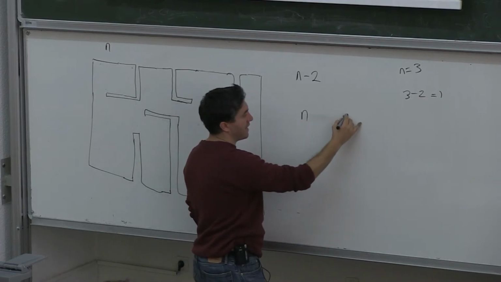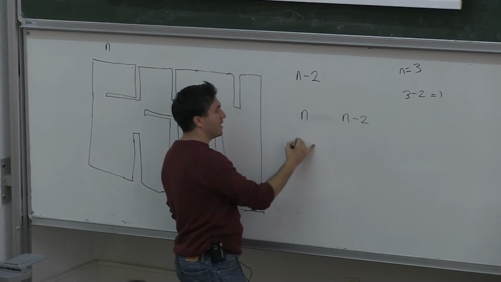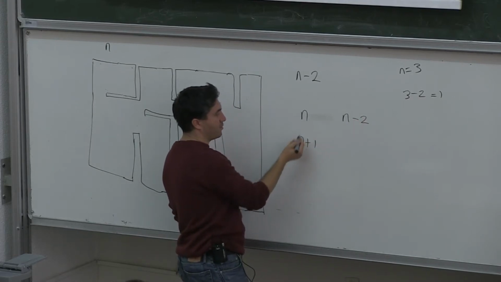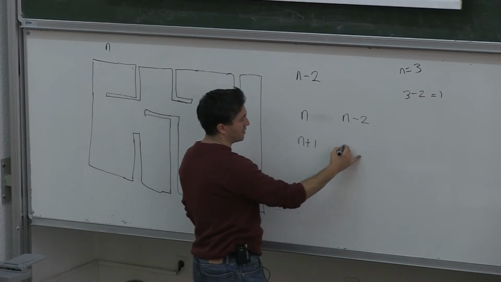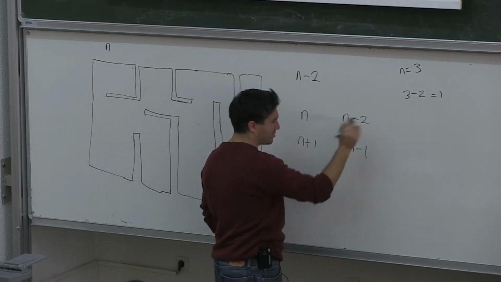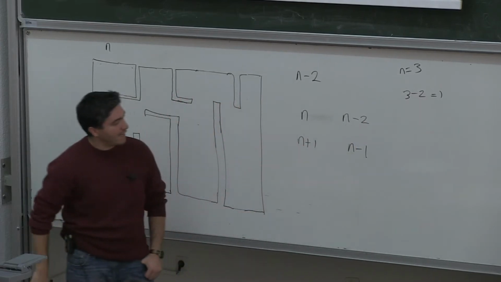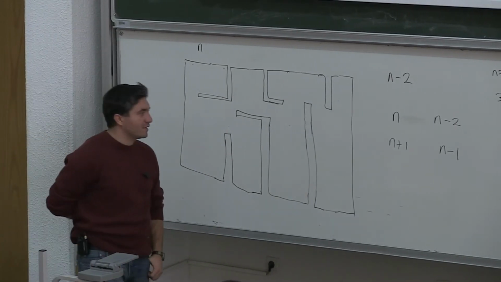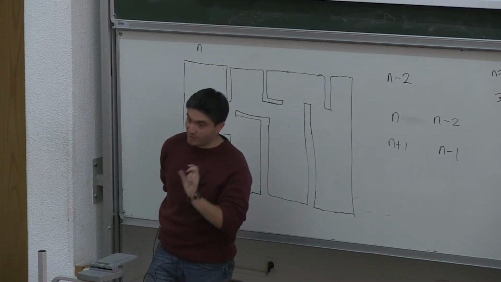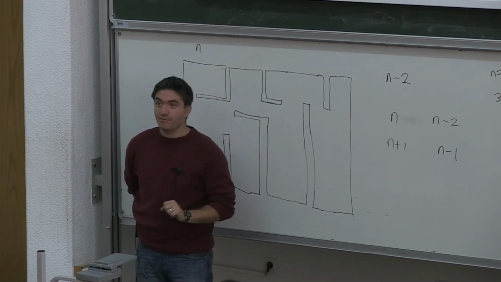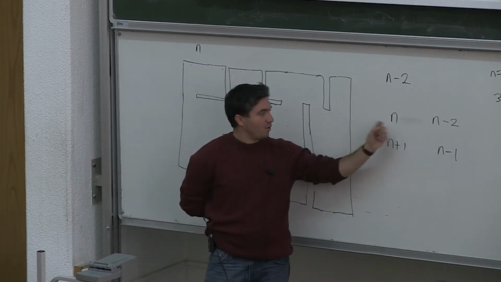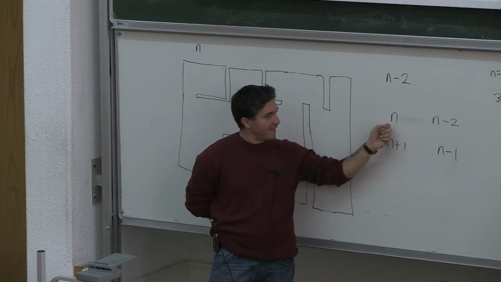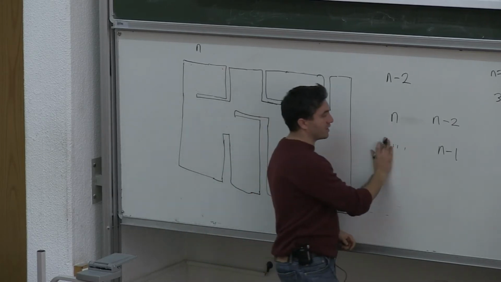If a polygon with n vertices has n-2 triangles, a polygon with n+1 vertices is going to have n-1 triangles. Or we can do it vice versa actually.